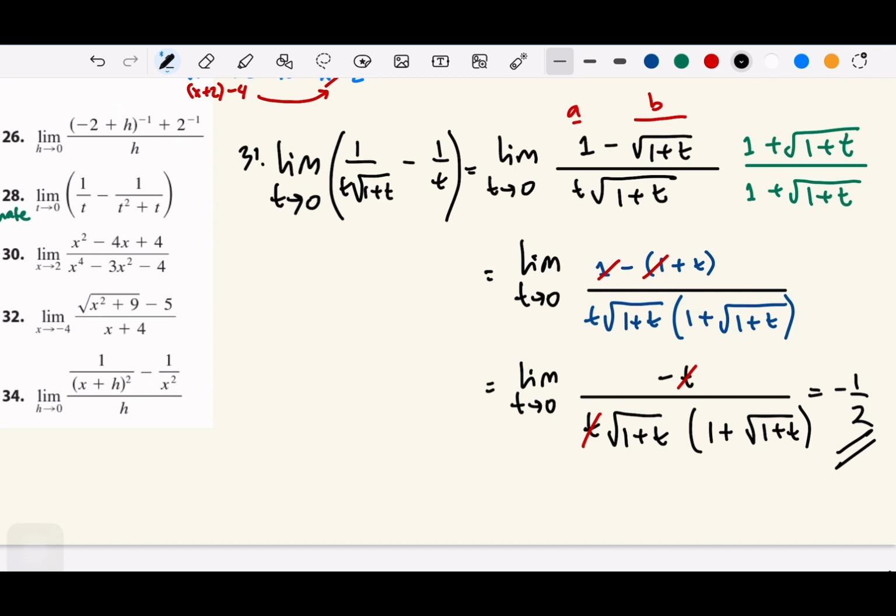You need to get the same common denominator. We get this. Divide 1. Multiply 1. And then divide this. Square root of 1 plus t. And then multiply with 1. So minus.